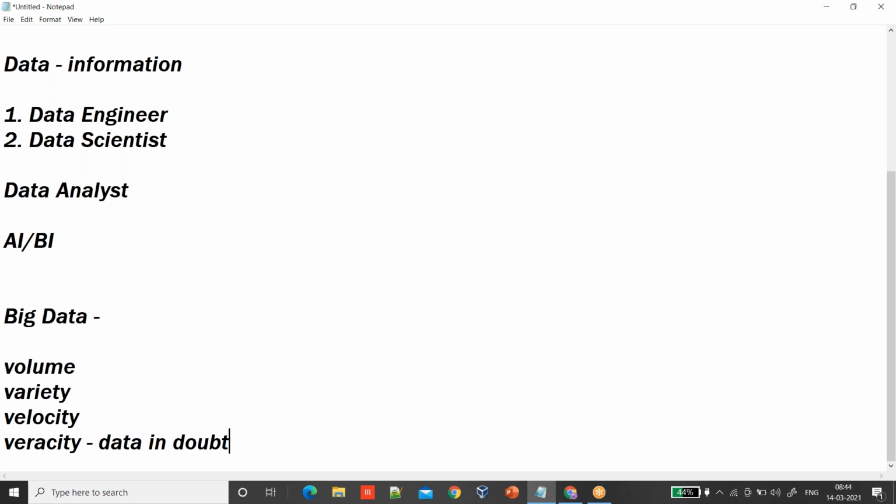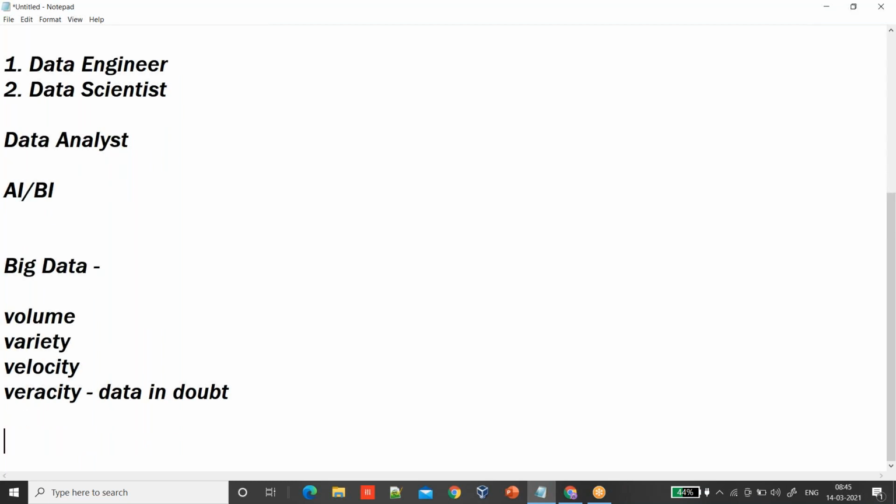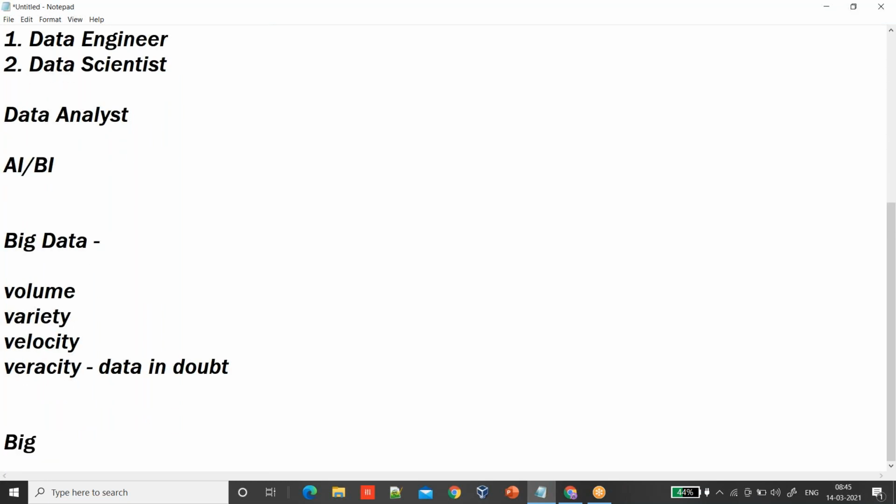Now, going back to big data and the operations we can do on it. Not just big data, but operations on any data: there are two operations, guys. One is storage and the second one is processing.